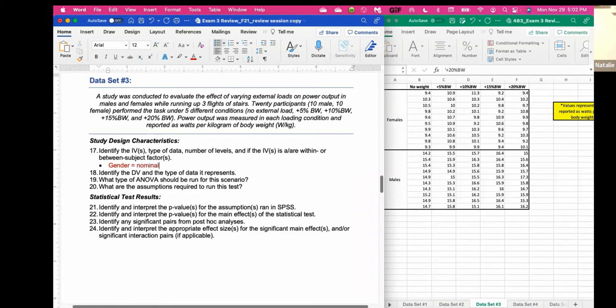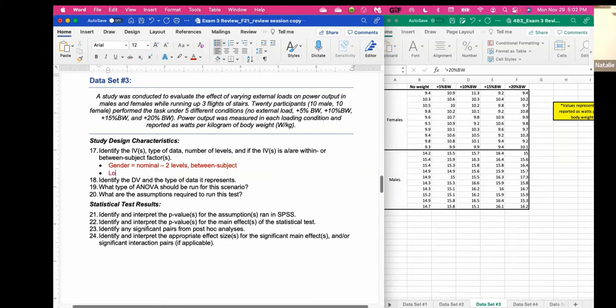That's a different story. This is a nominal variable, has 2 levels, and gender would be our between subject factor because males cannot be measured at the same time that females are, so they're mutually exclusive groups, 2 separate groups, right?